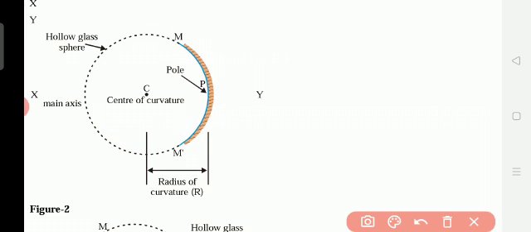The line passing through the center of curvature and pole is called the principal axis, and this line is perpendicular to the surface of the spherical mirror. So it is the principal axis.